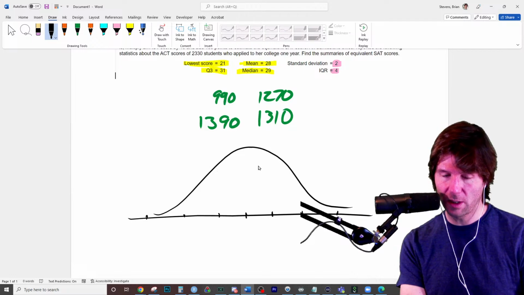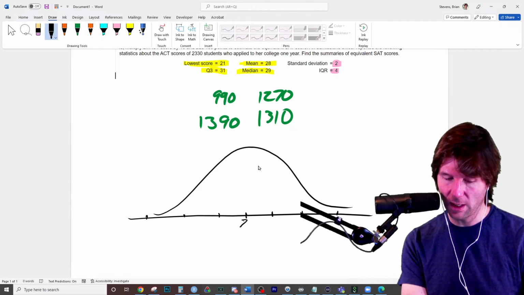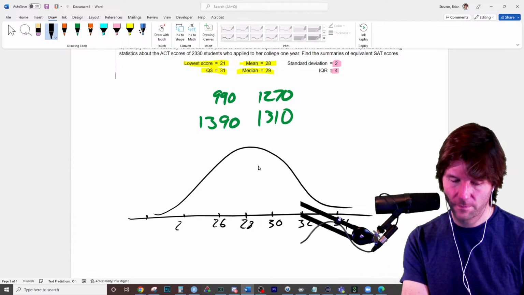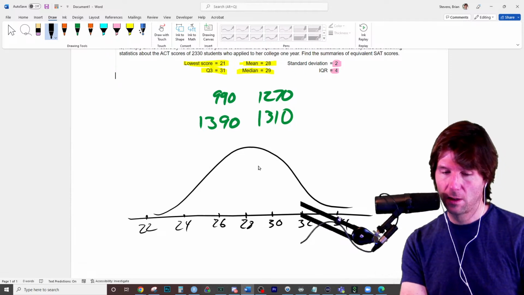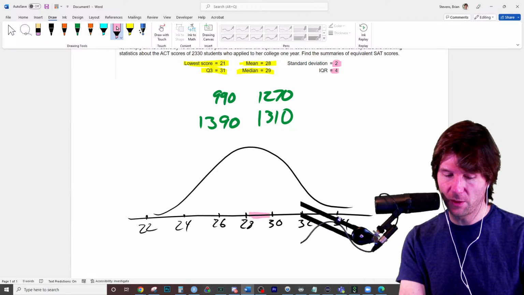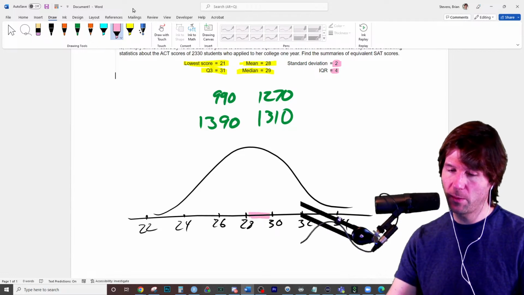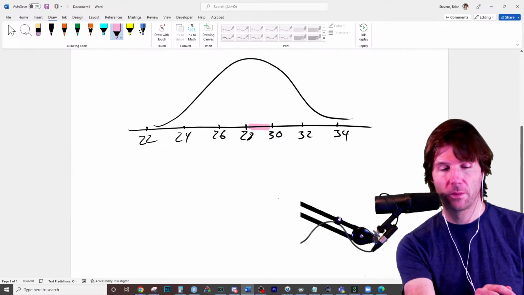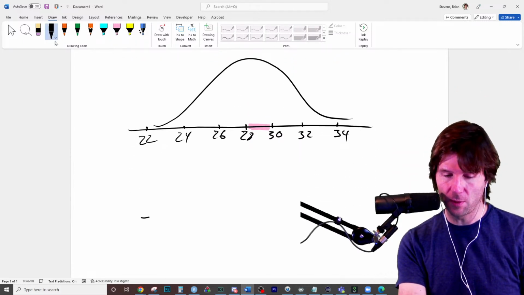The ACT score is going to have a mean of 28 and a standard deviation of 2. So the standard deviation of 2 right here is shown visually right here. But when we do the work on changing it over to SAT, we'd need to change these numbers.